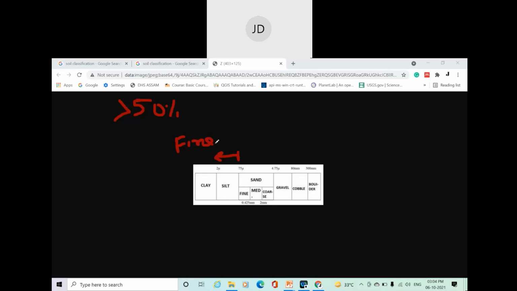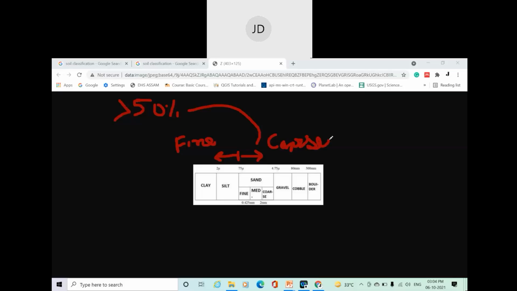And if more than 50% of the soil is larger than 75 micron in size, that soil is known as coarse grained soil, C-O-A-R-S-E, coarse grained soil.